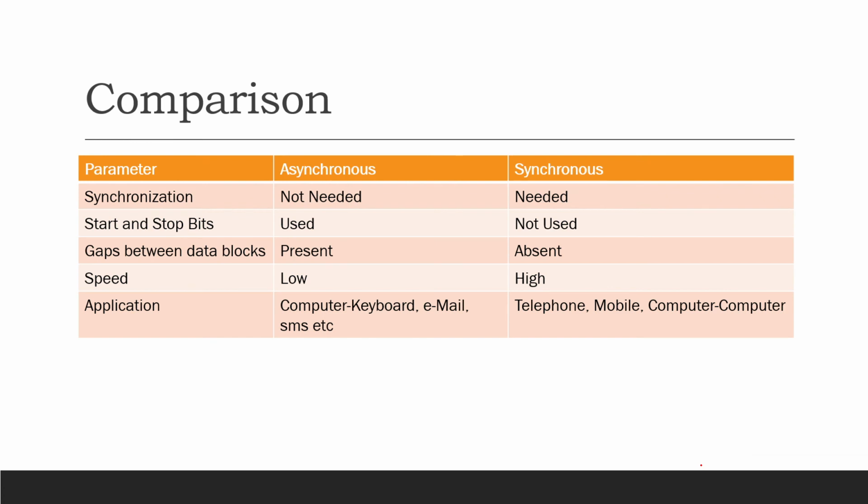This is the last topic of this lecture: comparison between asynchronous serial communication and synchronous serial communication. Using these parameters: synchronization, start and stop bits, gaps, speed, and application. As far as synchronization is concerned, in asynchronous there is no need of synchronization, but in synchronous it is needed.